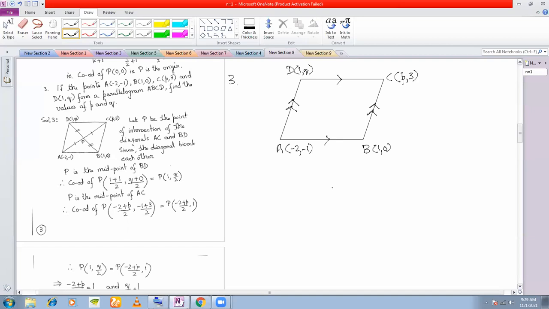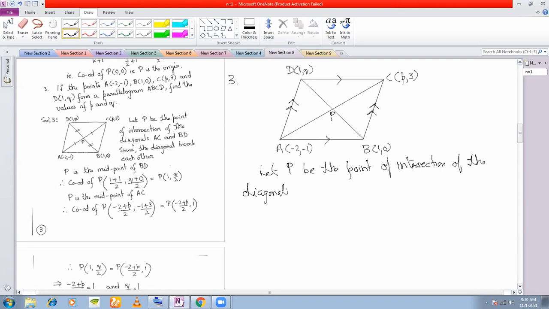Now we are going to use the fact that the diagonals of a parallelogram bisect each other. This is the property that we are going to use. So you join the diagonals. Okay. And let's say that the point of intersection of the diagonals is P. So let P be the point of intersection of the diagonals AC and BD of parallelogram ABCD.